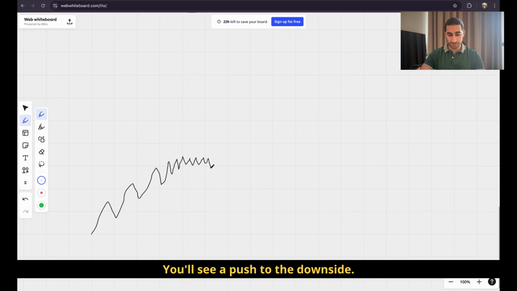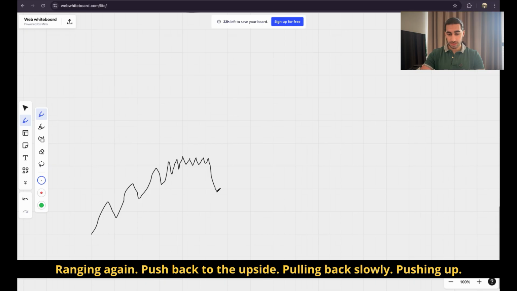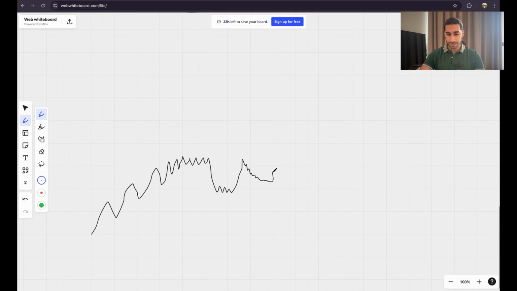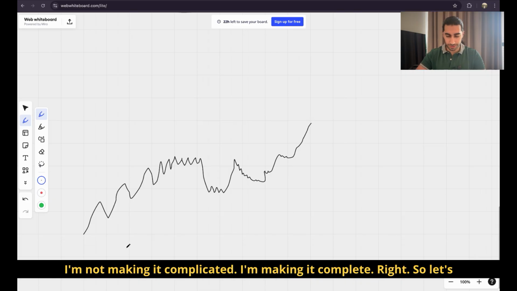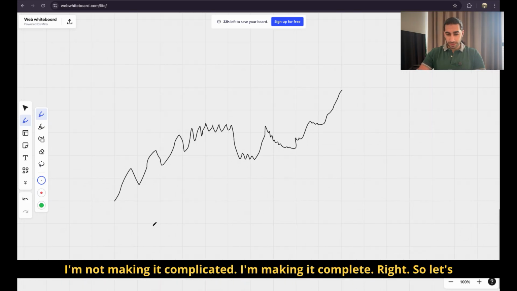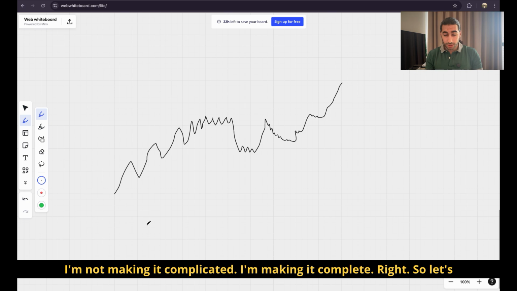You'll see a push to the downside, range in again, push back to the upside, pulling back slowly, pushing up, right? Pulling back up more, and then continuing up. Okay. I'm not making it complicated, I'm making it complete, right?